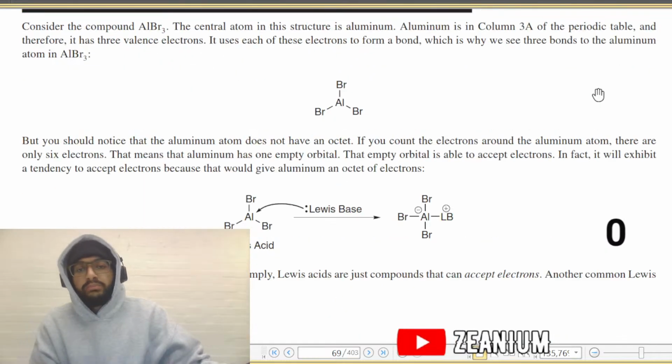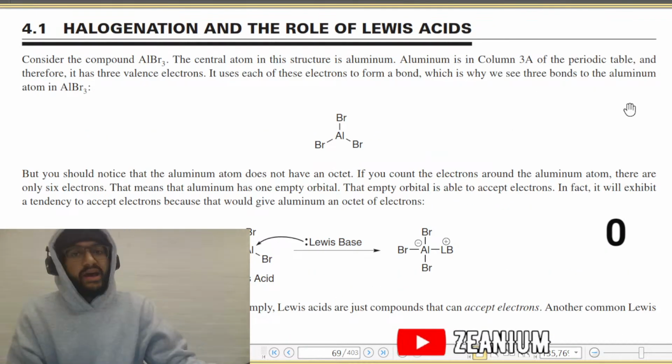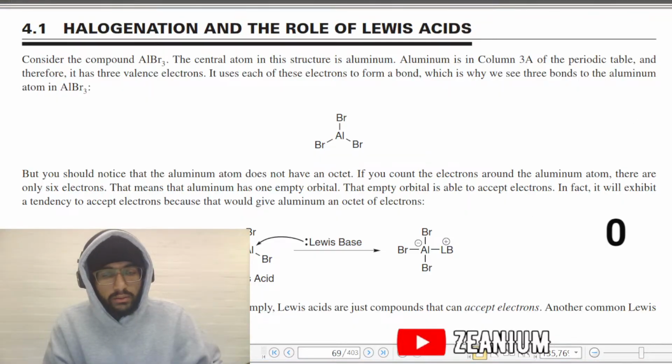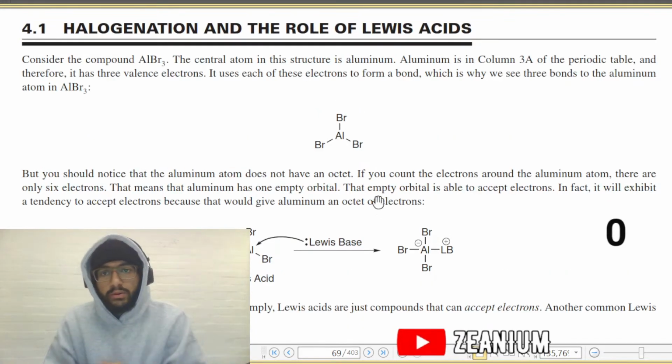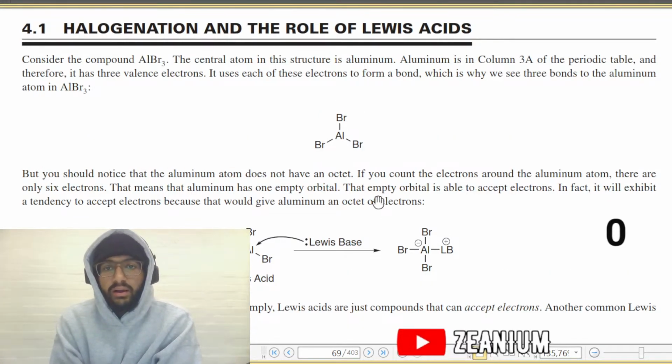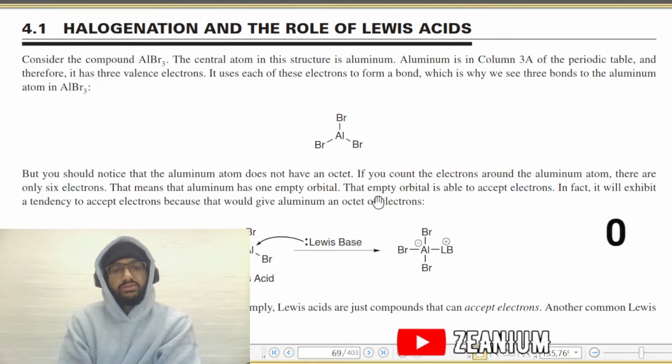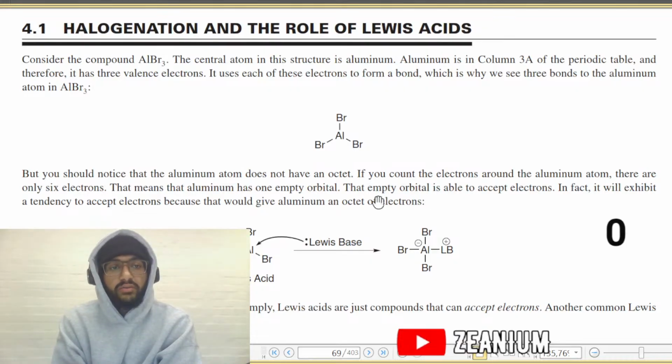Something about Lewis acids. Consider the compound AlBr3. The central atom in this structure is aluminum. Aluminum is in column 3A of the periodic table, and therefore it has 3 valence electrons.